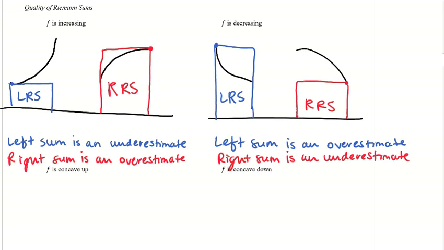Where the concavity comes in is when you're looking at a trapezoidal sum. So again, I'm going to draw a similar picture, concave up. I'll draw something that's smiling and increasing and smiling and decreasing. And then I'm going to come over here and draw a trapezoidal sum.